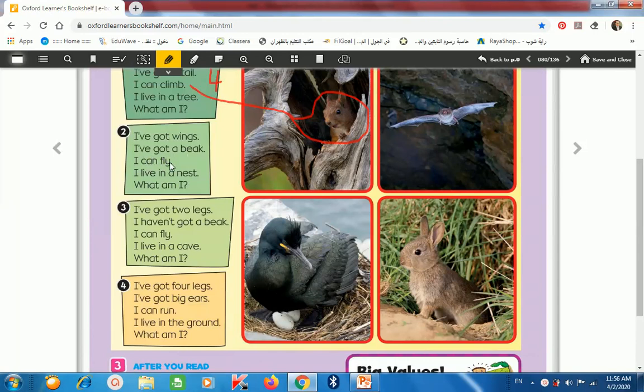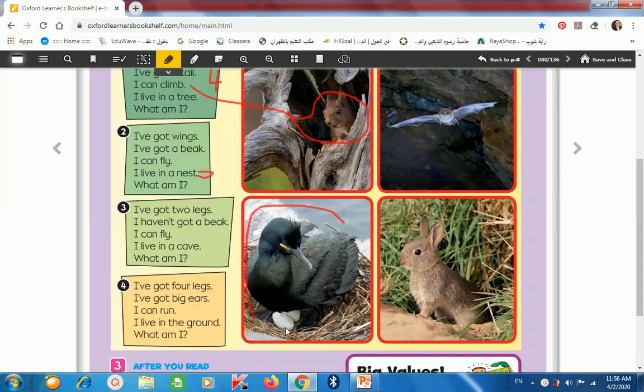I can fly. I live in a nest. Oh, here you know which animal. Where can you see the nest? Is this a nest or this a nest? Who am I? Yeah, great.